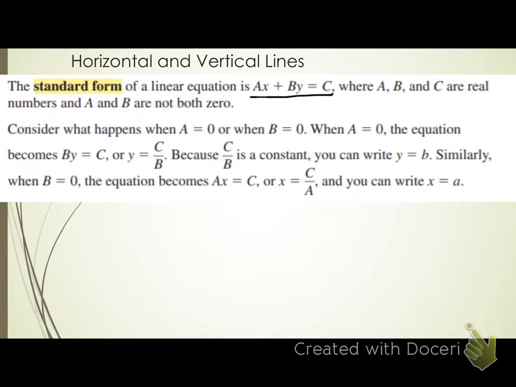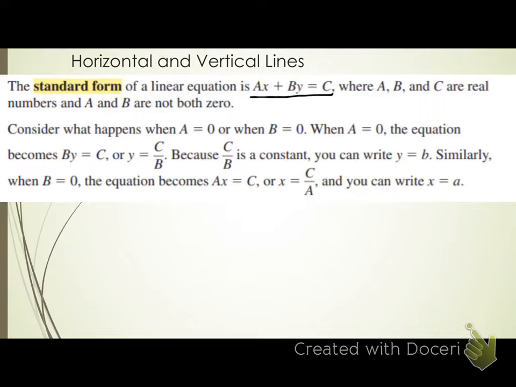What are c and b? Real numbers. So c divided by b would just give me another real number. Because c over b is a constant, you can write y equals just some number. That's what it would boil down to.